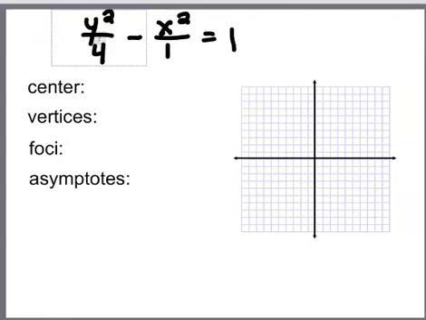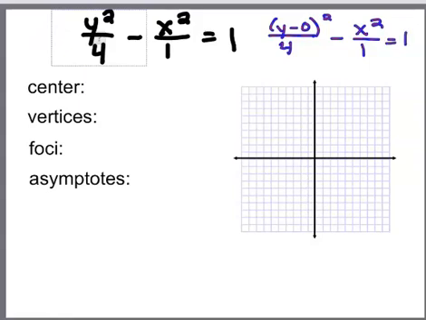So y squared over 4 minus x squared over 1 equals 1. Our center we find exactly like an ellipse. So this is as if I had y minus 0 squared over 4 minus x squared over 1.